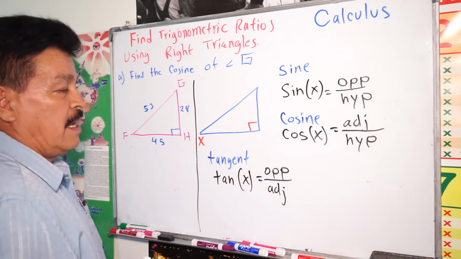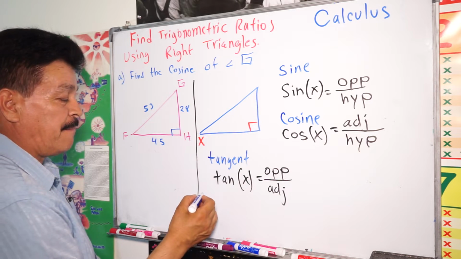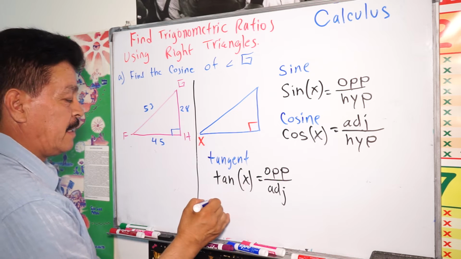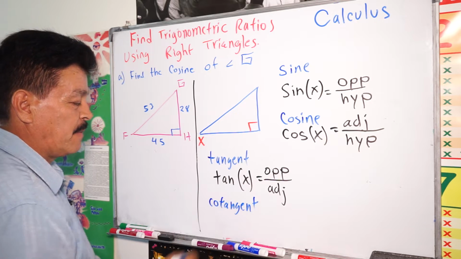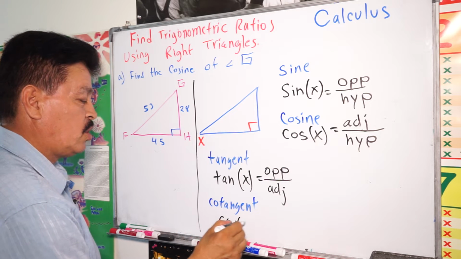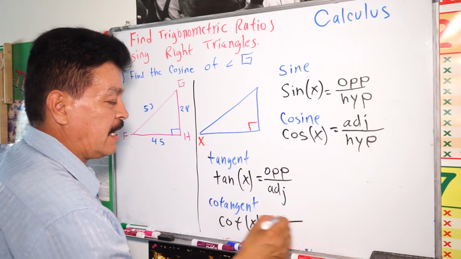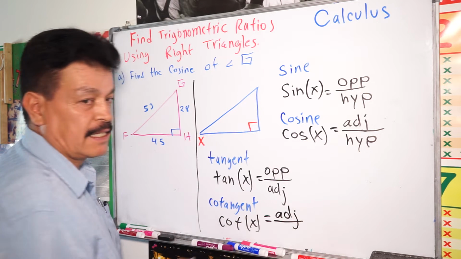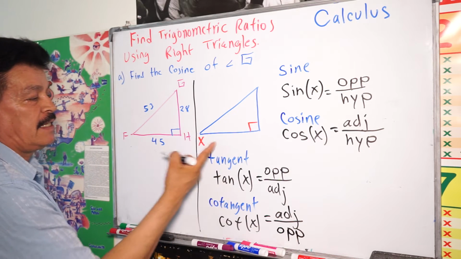Okay. We have another one here, cotangent. We write cot X, and this equals adjacent cathetus over opposite cathetus.